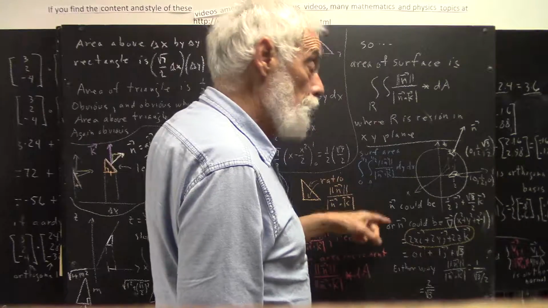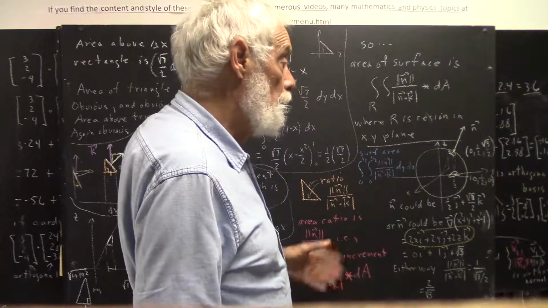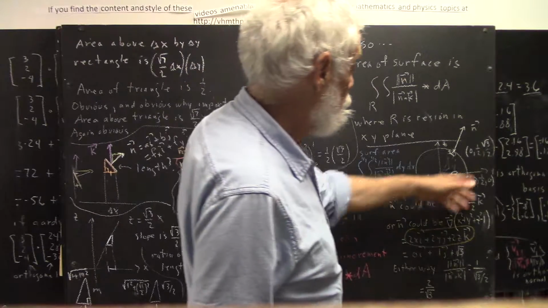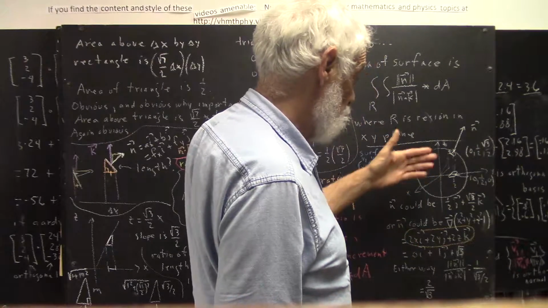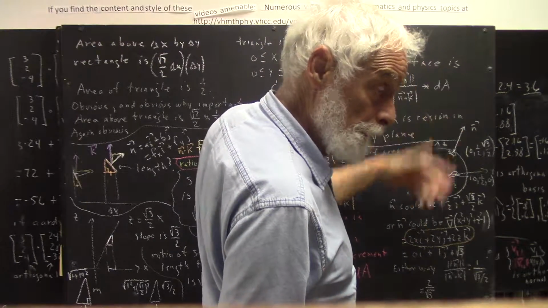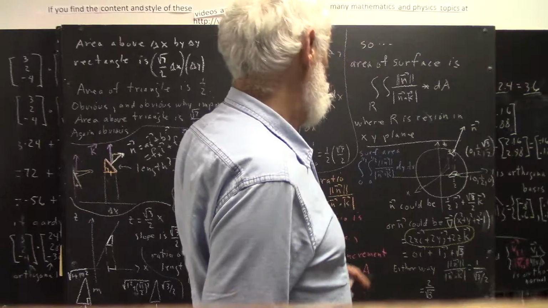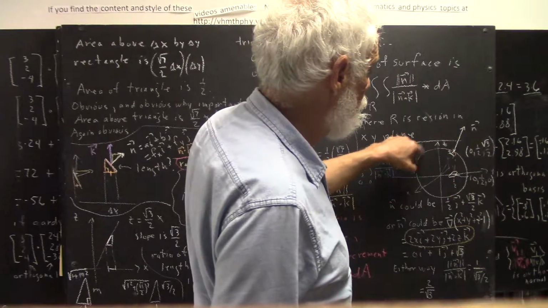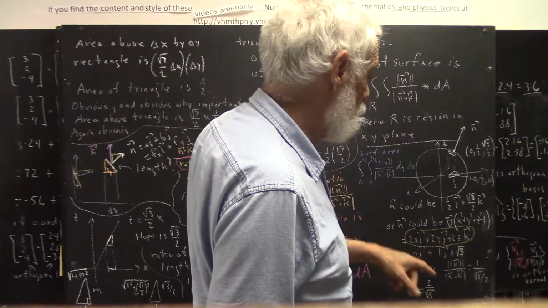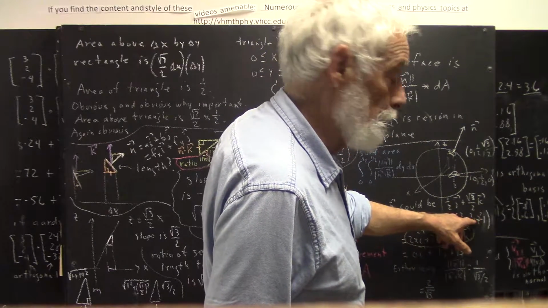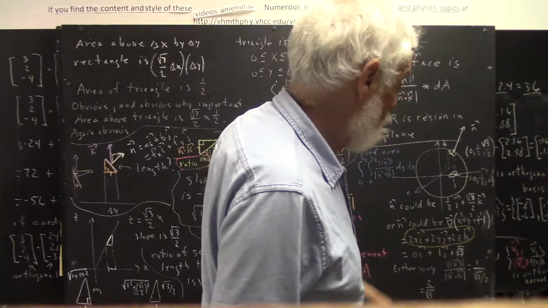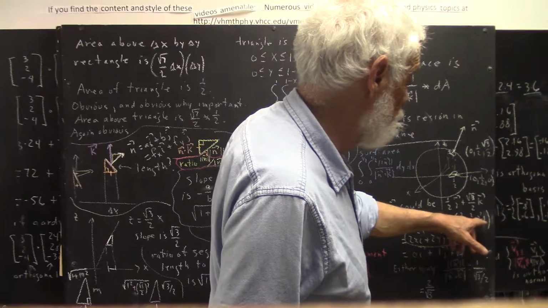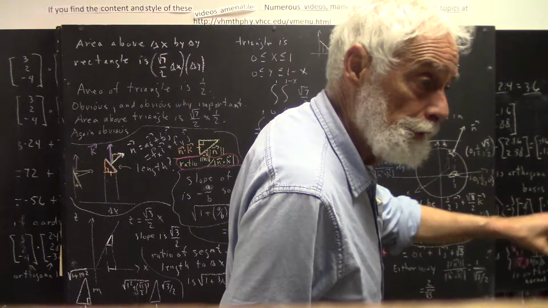We could also get the normal vector, and this is very important because generally you're not going to have the symmetry of the sphere, and you're not going to be able to simply say it's just going to be radial. That's only for spheres. Okay, so if we didn't know that, we would say the sphere is the level surface x squared plus y squared plus z squared equals 1, or x squared plus y squared plus z squared minus 1 equals 0.